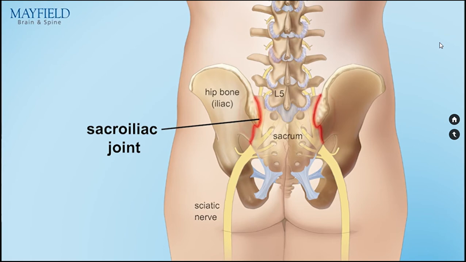So the joint is very important in our everyday life because it's sort of the fulcrum, and it facilitates the transfer of weight from our spine through our pelvis to our legs. And what we've begun to realize is that a lot of people who previously were told you have back pain that we just can't fix actually may have a cause of back pain that's eminently fixable, and that pain generator may not be their spine or their disc or their muscles even, but perhaps is their sacroiliac joint.